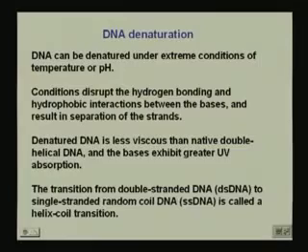What we have here is denatured DNA is less viscous. Why would that be? When we have normal DNA, we have a double stranded DNA that in solution would render the solution more viscous. Why?